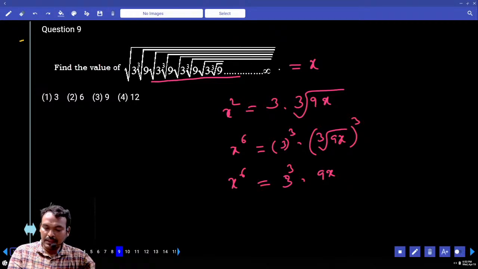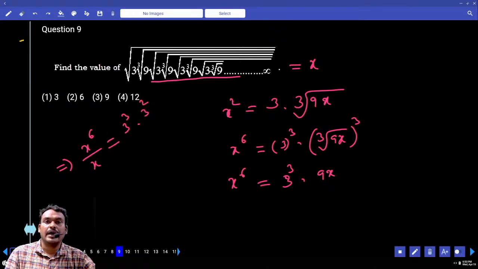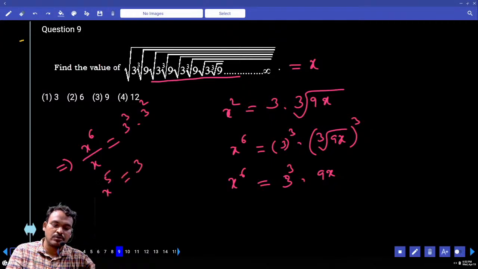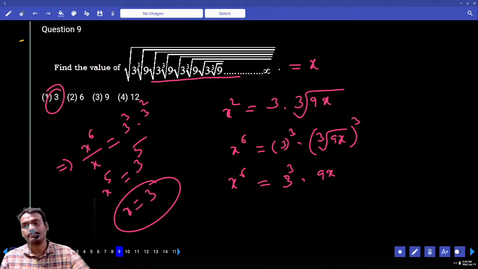This one we wrote x power 6 by x equal to 3 cube into 3 square. X power 6 by x means we are getting how much? X power 5 equal to 3 power 5. X equal to how much? 3. First squaring on both sides, again cubing on both sides.